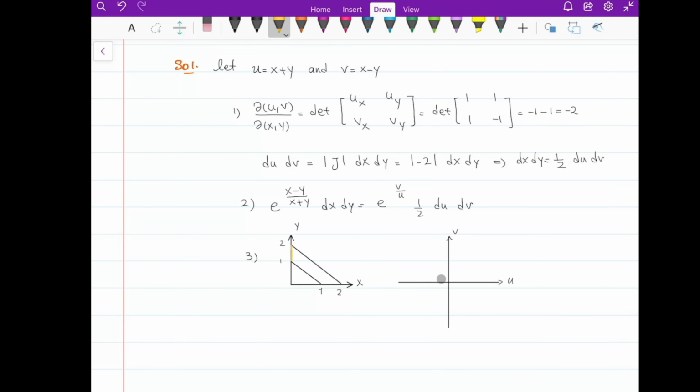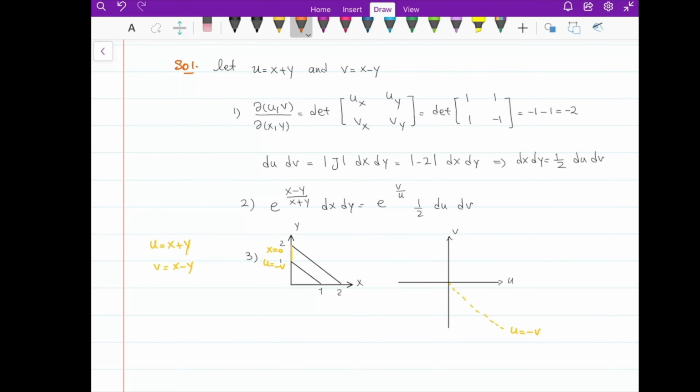On this one, x is equal to 0. So let me write the transformation in here. U is x plus y, and then v is x minus y. So when x is equal to 0, u is equal to y, v is equal to negative y, so u would be negative v. So u is negative v.